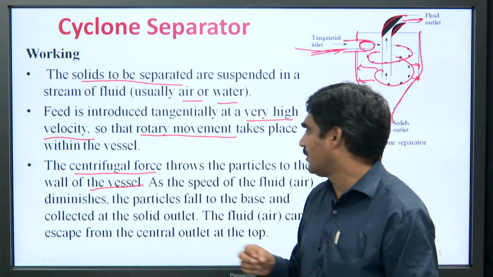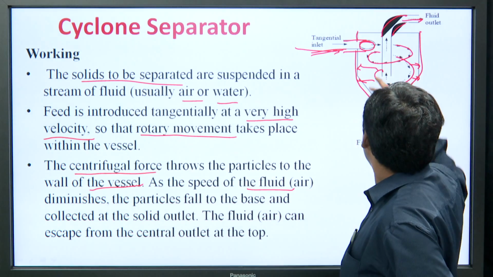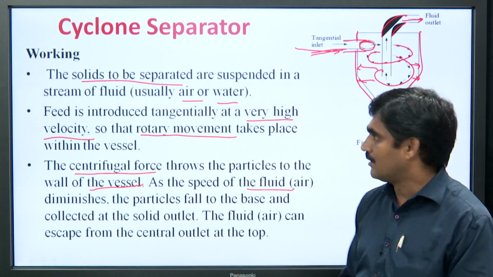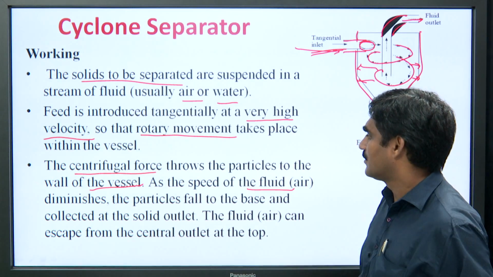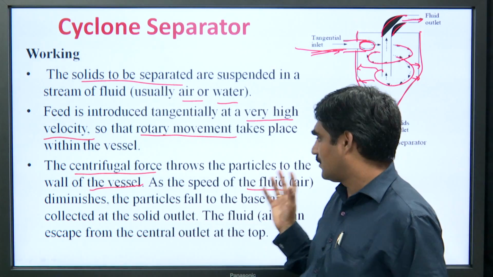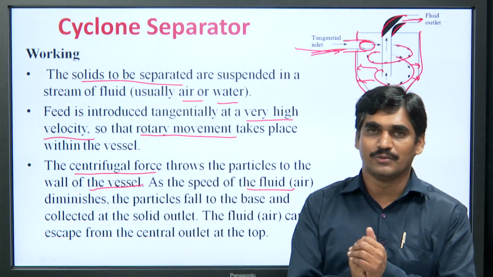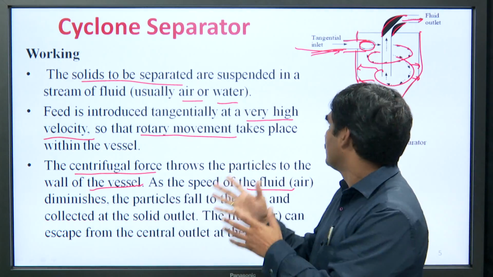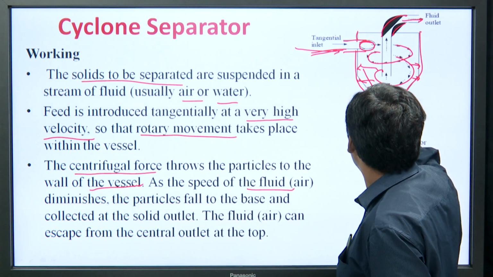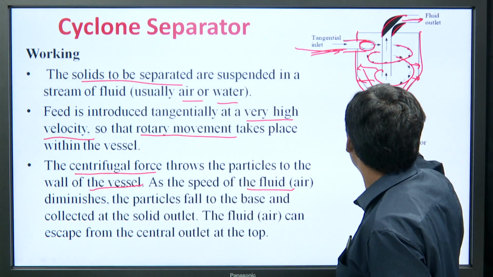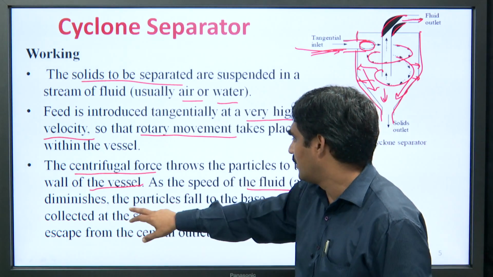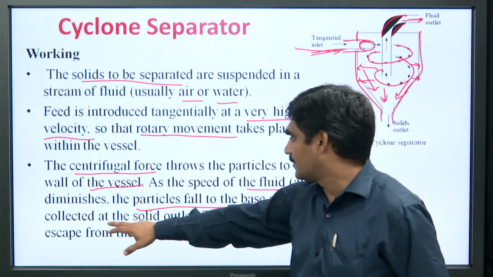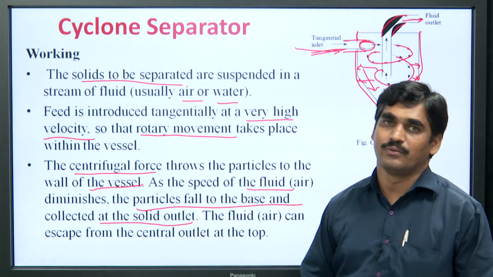As the speed of the fluid that is entering into the cyclone separator diminishes, or reduces, the particles come down. The particles fall to the base and are collected at the solid outlet.